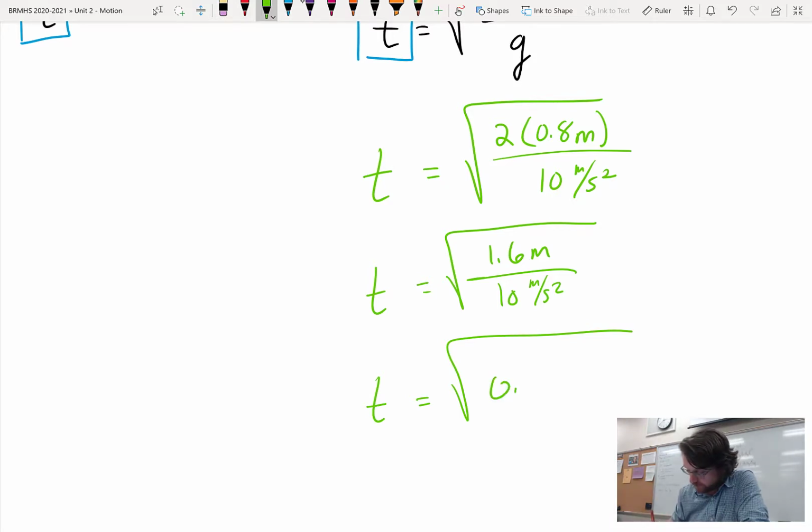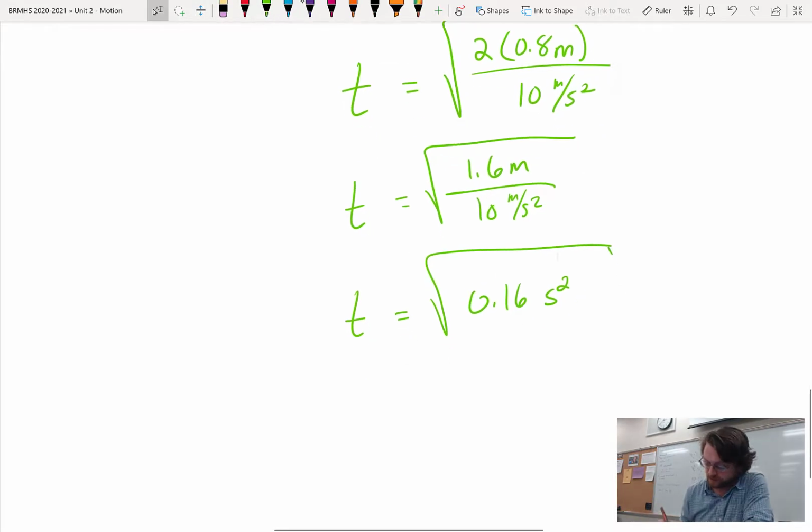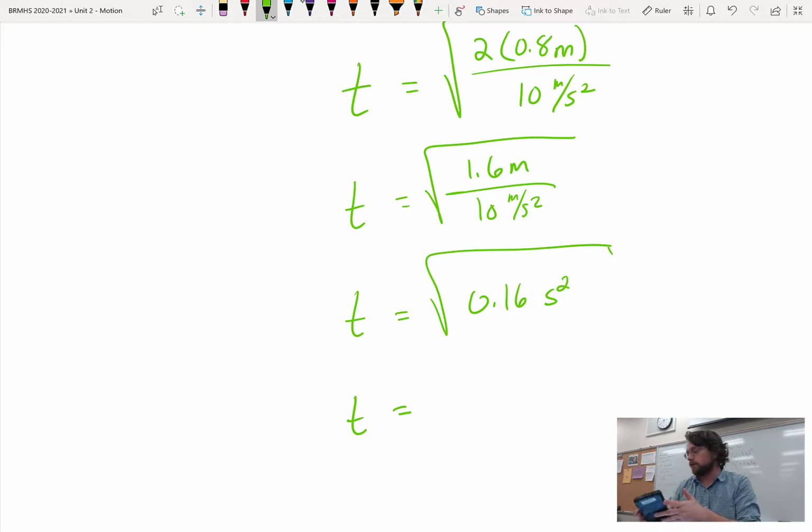That's 0.16. My units are seconds squared until I take the square root. So you can use a calculator at this point if you want, or just recognize that it's a perfect square and get your answer. But remember, if you're typing in your calculator, make sure you do the square root part and get the full value at the end, which is going to be 0.4 seconds.